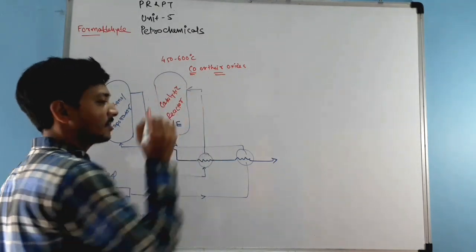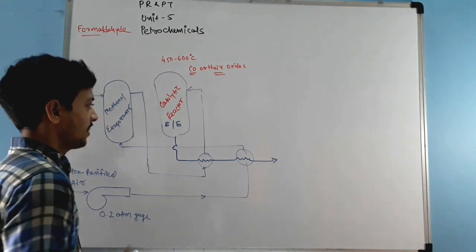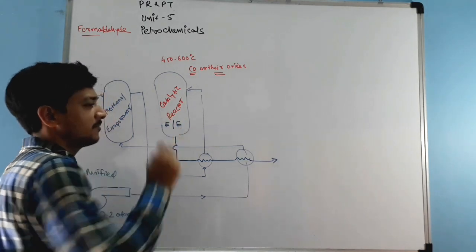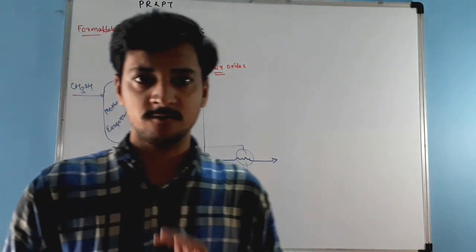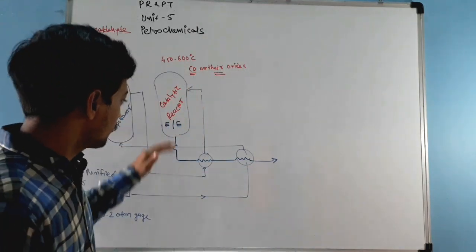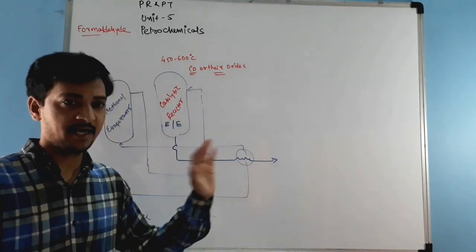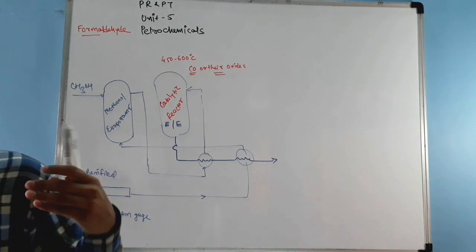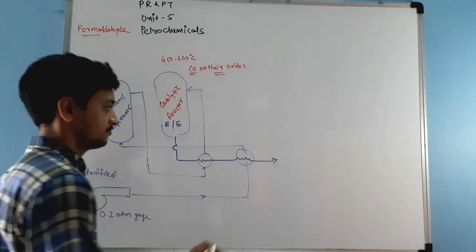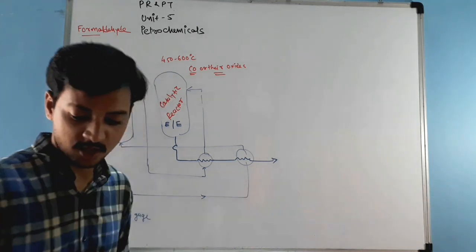Catalyst activity is controlled by the exothermic and endothermic reactions of methanol. Then the product gases are preheated and sent to a water scrubber.